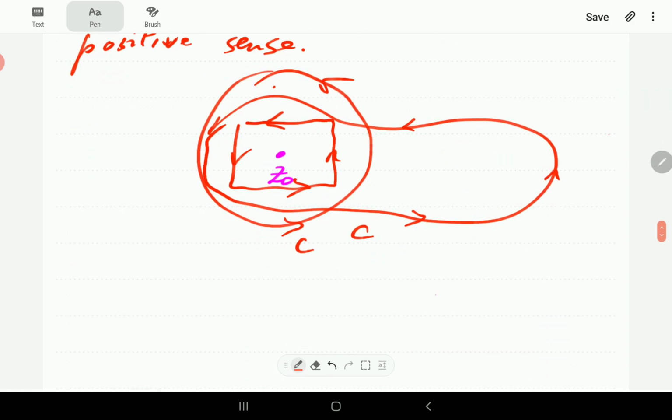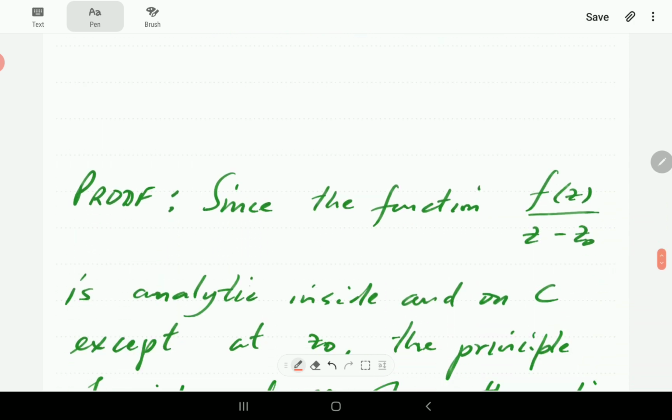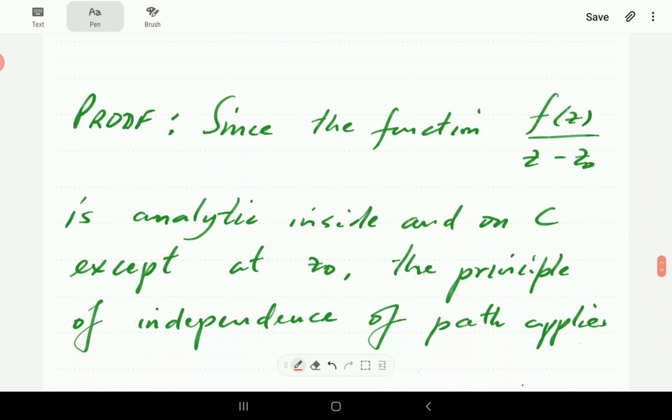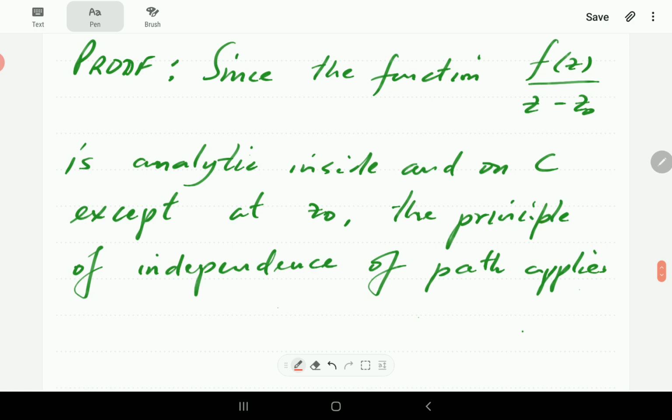So let's look at a proof for this theorem, or well, formula, because the theorem is already taken by the first result that Cauchy discovered. So since the function f of z over z minus z naught is analytic everywhere inside and on C except at z naught, because when you plug in z naught, you're dividing by 0, the principle of independence of path applies.